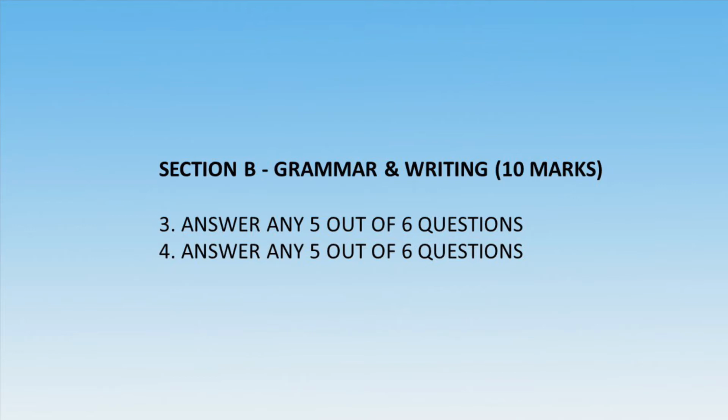When you say writing, there also all the questions are MCQs. So you need to be very thorough with the formats of all the writing. You are going to write a letter of complaint, letter of placing an order and enquiry letter. So questions from these will be asked in MCQ patterns. So out of 6 questions you need to answer any 5. So totally section B carries 10 marks for grammar and writing.